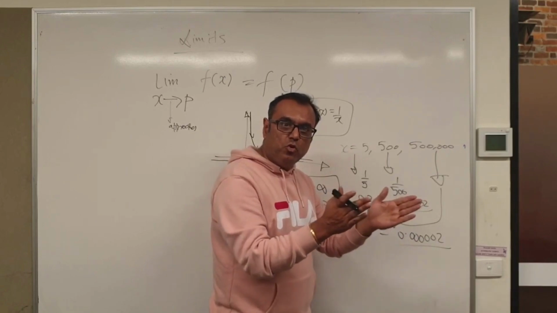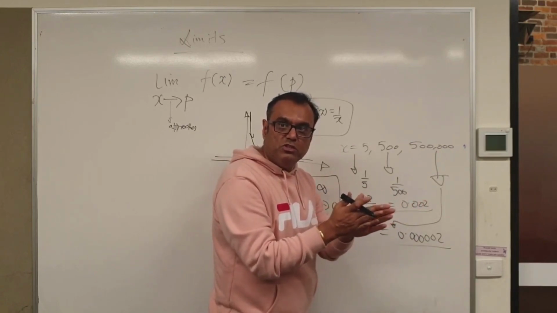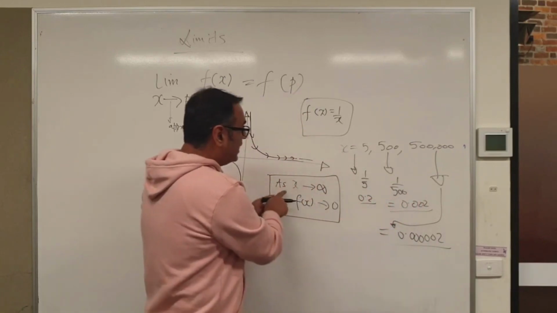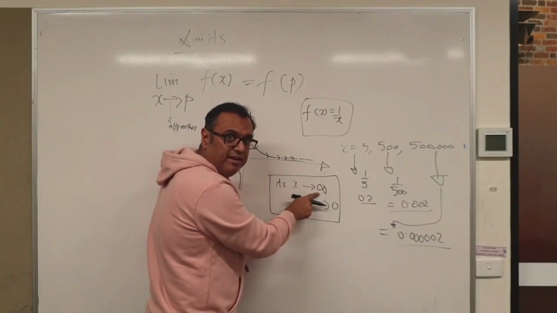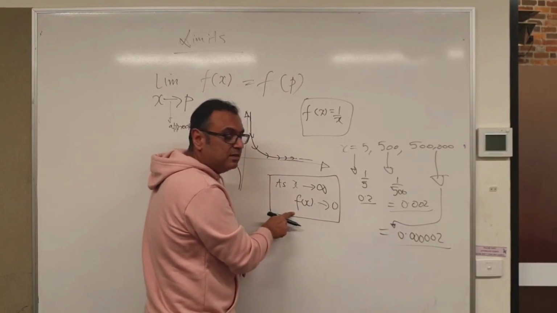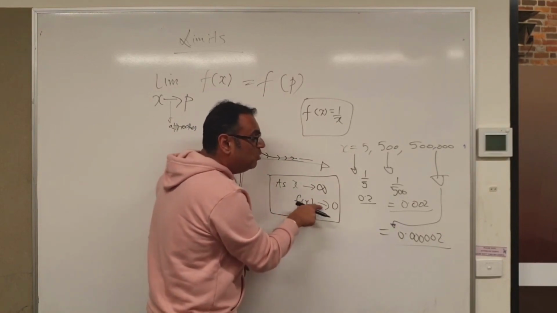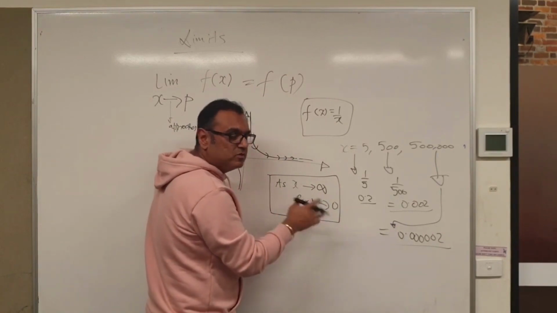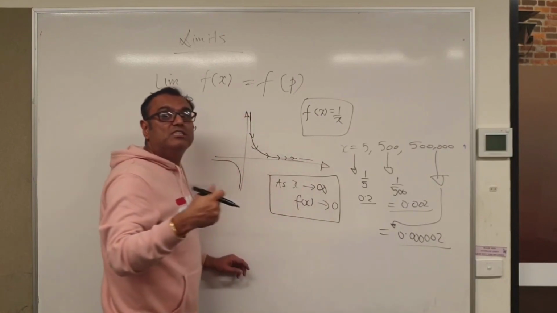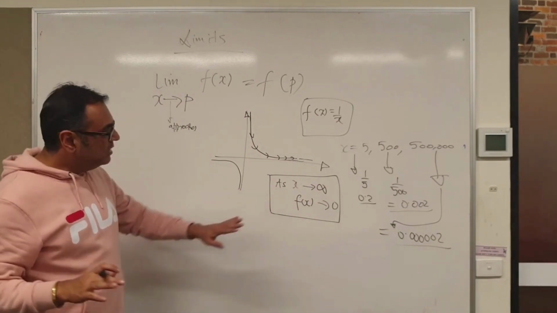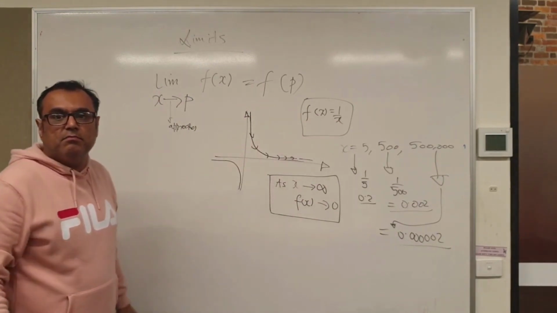It's getting pushed closer and closer to 0. So as x approaches infinity, f of x becomes even closer to 0. So f of x is approaching 0. It just means that. Nothing more than that.